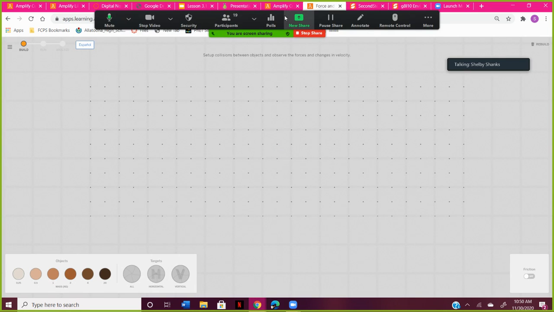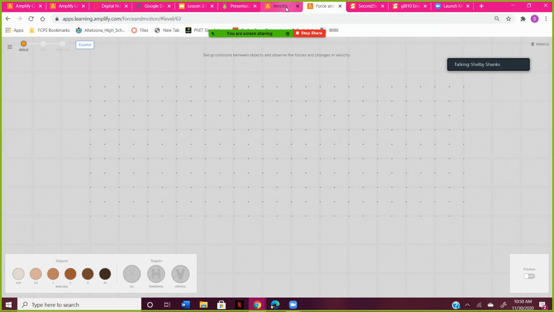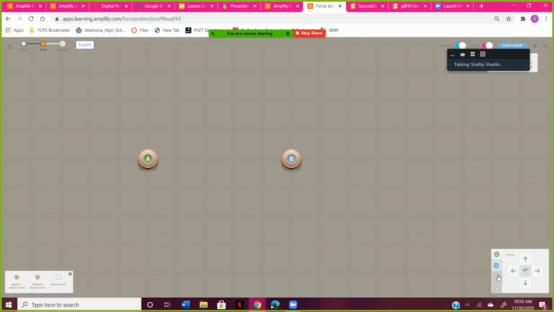All right, but you're going to set up those 5 different collisions, and then observe the forces and changes in velocity. When I say observe the forces and changes in velocity, you'll need to set something up. So I'm just going to set up a collision here real quick, and go to run. We've been doing this, so I'm hoping you know exactly how to set up these collisions.